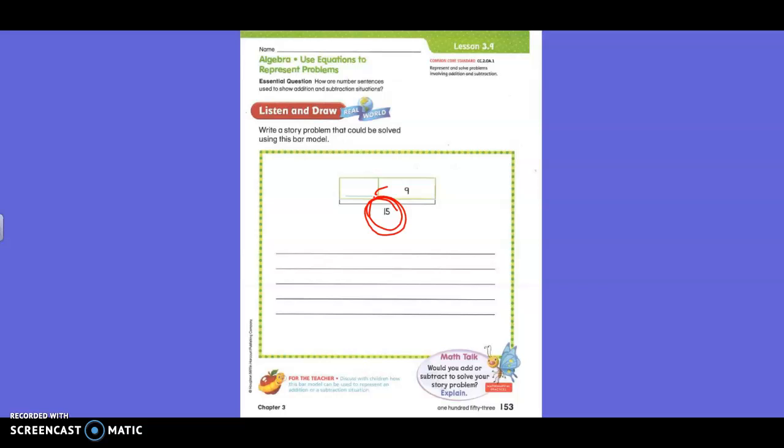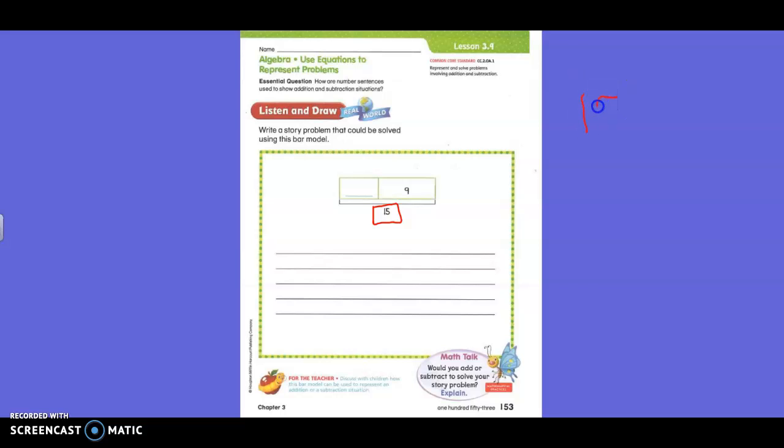Okay, let me see your faces. Thumbs up if it makes sense. Thumbs down if maybe I need to say some more. All right. Look at this bar model. When you subtract, remember we always have to subtract with the big number, right? So if you're seeing this bar model and it's giving you the big number, you know you're going to have to subtract.